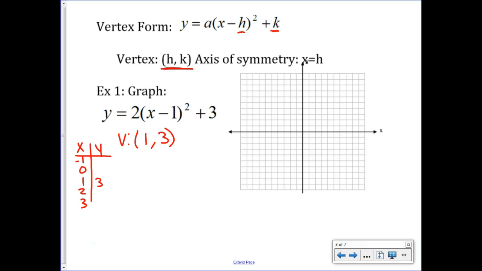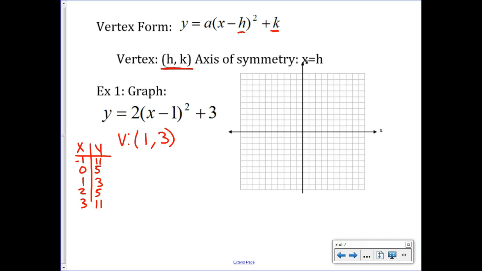You can pick whatever you want. If you want to pause the video and come up with these yourself, check with me in just a second. So I get 0 is 5, 2 is 5, 3 is 11, and so negative 1 is also 11.